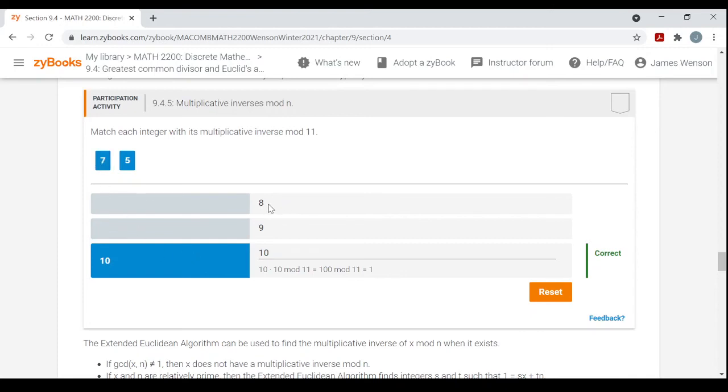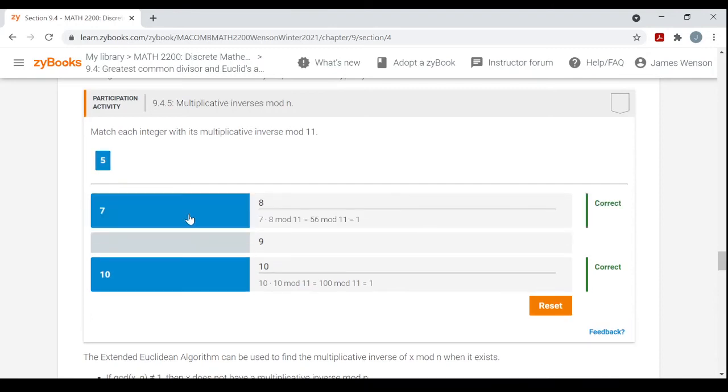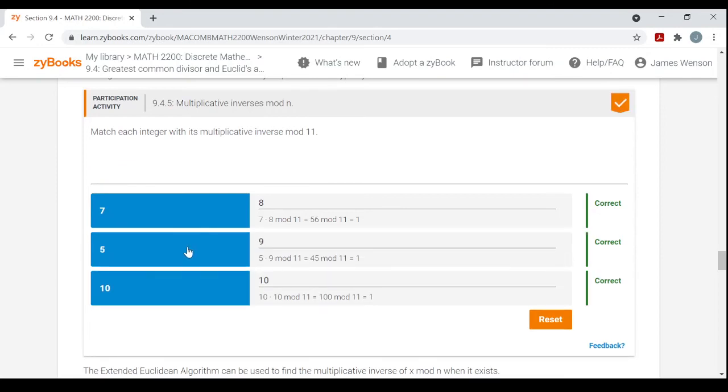7 times 8 is 56, which is 55, a multiple of 11, plus 1. So 7 and 8 are inverses, mod 11. And then 5 and 9, right? 5 times 9 is 45, which is 44 plus 1, right? So 5 times 9 is congruent to 1 mod 11.